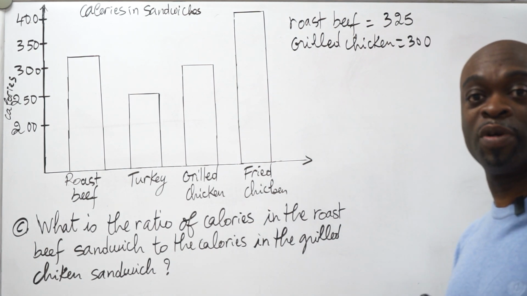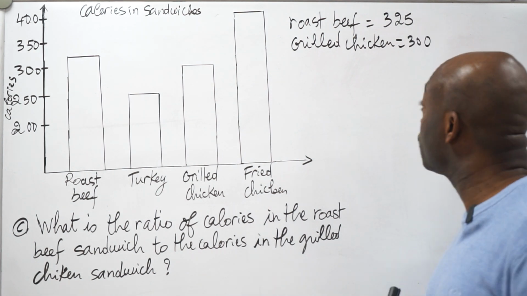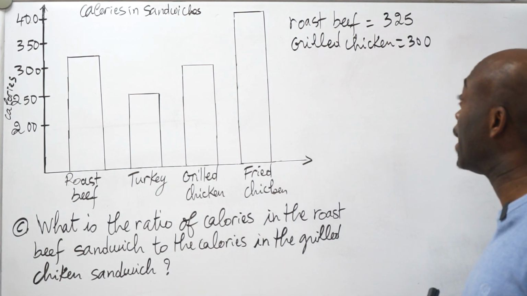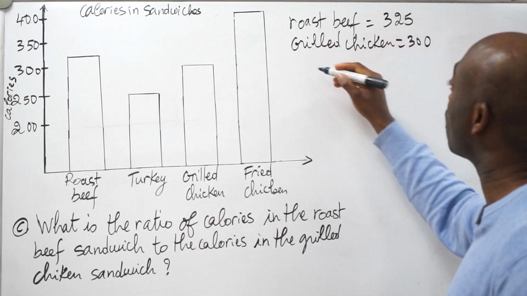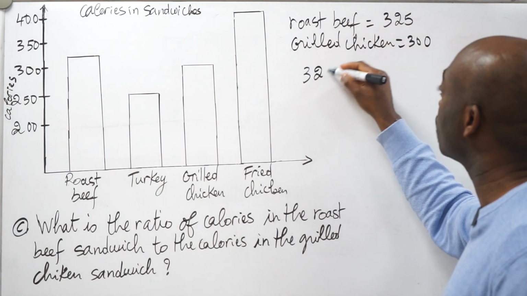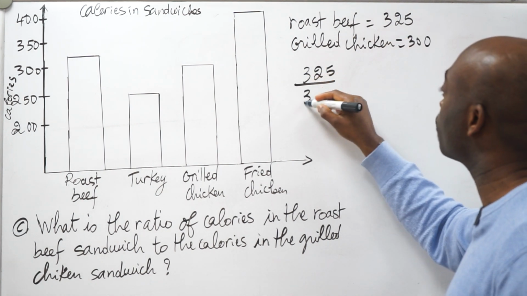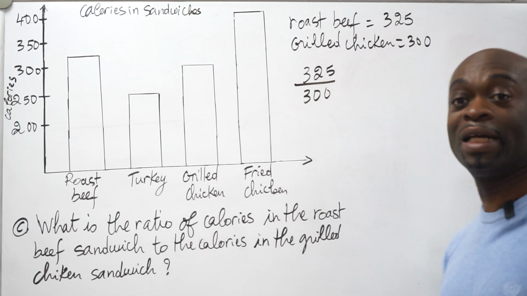So those are the two numbers that we're dealing with here. So now 325 goes on the top, over 300 at the bottom.